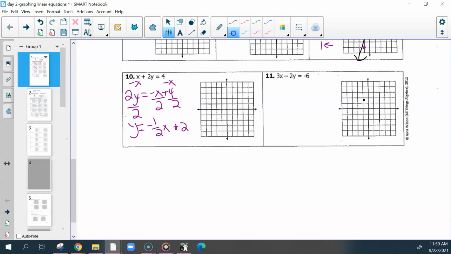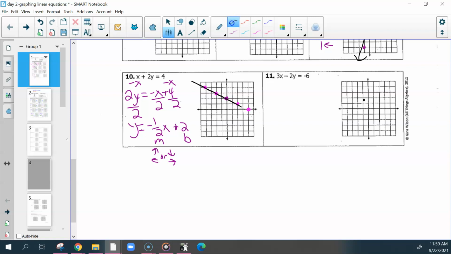Once it's in slope-intercept form, you have your slope and your y-intercept, so you can graph it. Start at positive 2 on your y-axis. Your slope is negative, so you can go up 1 and left 2 as many times as possible, or you can go down 1 and right 2 as many times as possible.